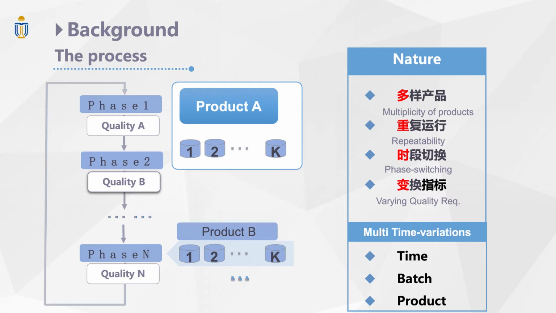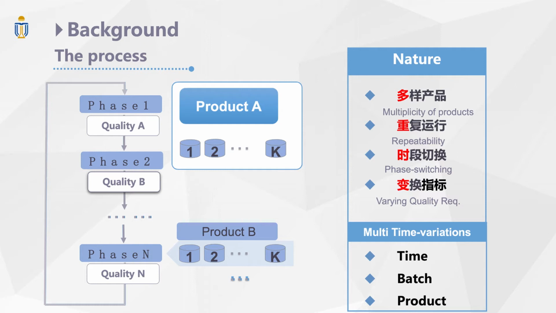The batch process goes through several different phases to form one product, and then this process repeats so that more of the same product is manufactured until a sufficient number of products has been made. The same process is then switched to manufacture another kind of product. During different phases, the quality variable or process control variable may change from phase to phase.